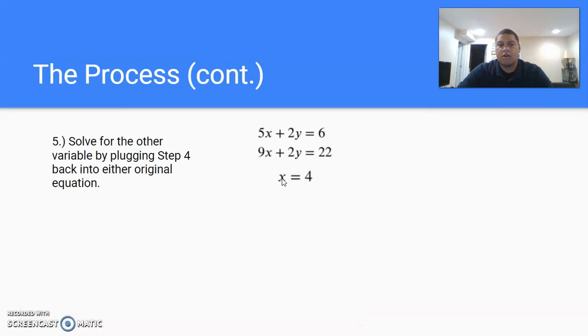Now we got to solve for the other variable by plugging what we got in step 4 back into one of the equations. And again, doesn't matter, but notice I say original equation because I don't want to do the one where I multiplied by -1 because there's always a chance I screwed that up. And this will help catch it. I go back into the original equation before I multiplied everything by -1.